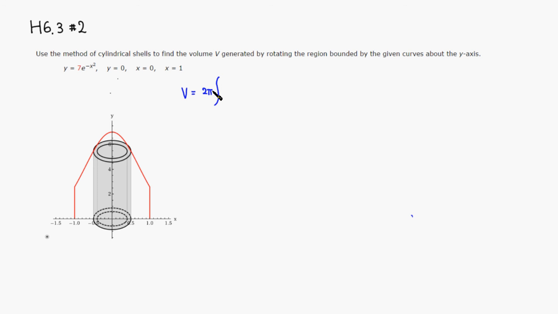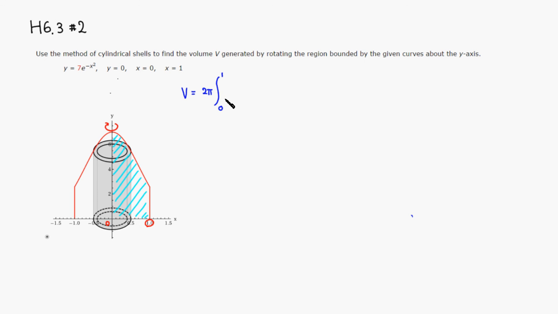The region to rotate is this region in the first quadrant, and we rotate it about the y-axis. The region goes from 0 to 1, so the integral is going to go from 0 to 1, which is nice.